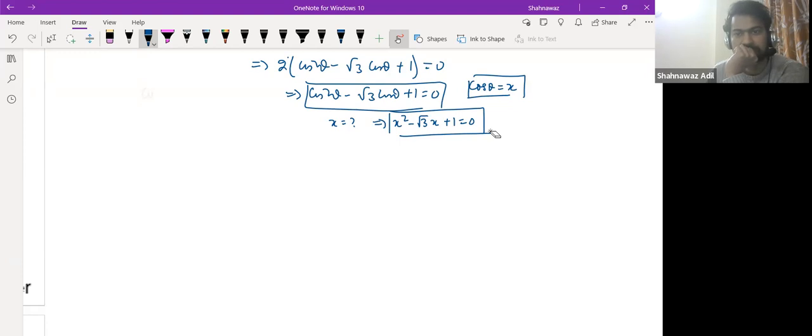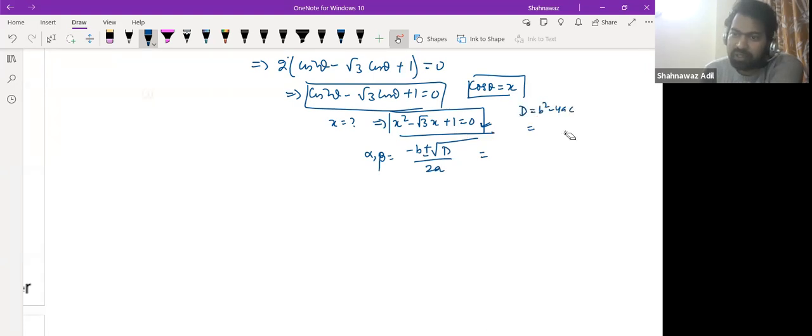We can take x common. What is this equation? A quadratic equation. So what is the solution of a quadratic equation? Alpha and beta are minus b plus minus root D by 2a. D is b square minus 4ac.